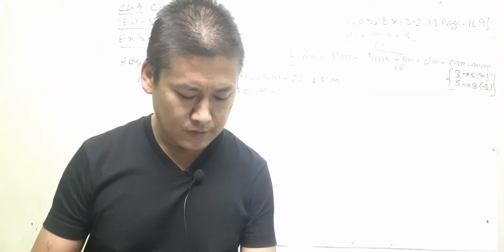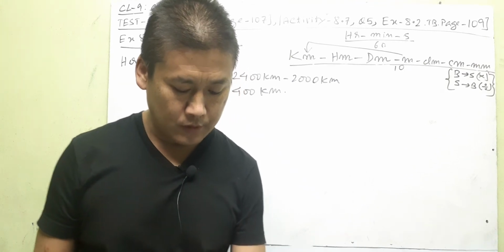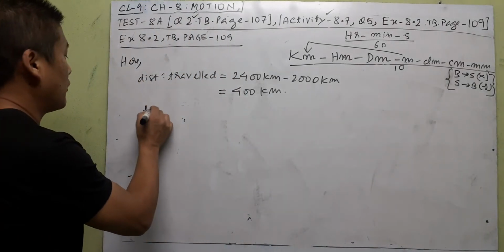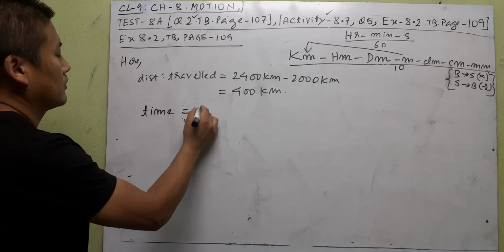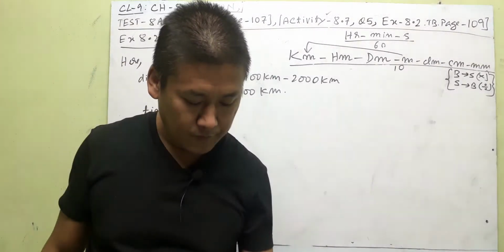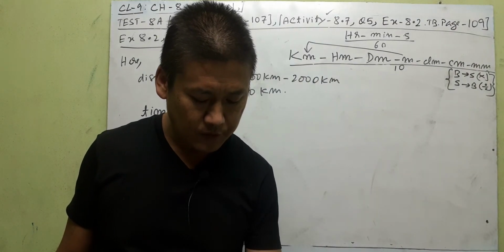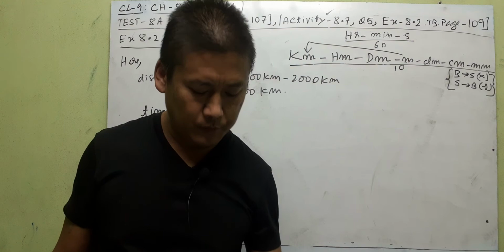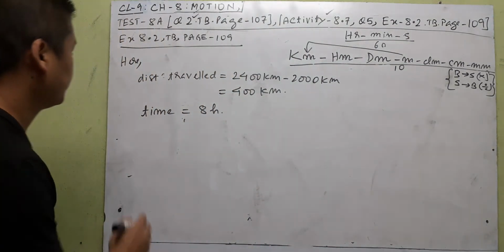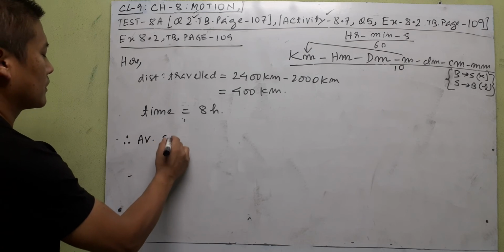Now to cover this distance, it took 8 hours. So the time is also given. Hour means time, right? Time is equal to 8 hours. Let's read the question carefully. Find the average speed of the car in kilometer per hour and meter per second. Okay, so here, therefore, average speed.